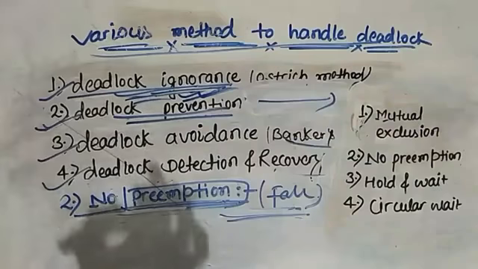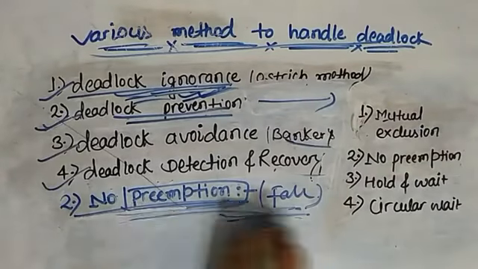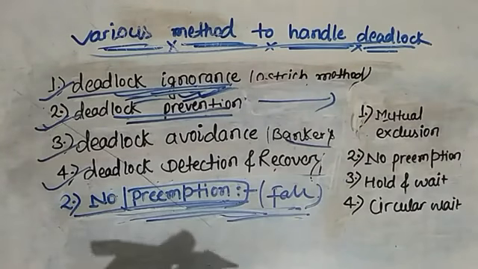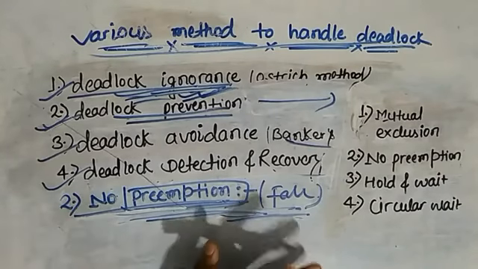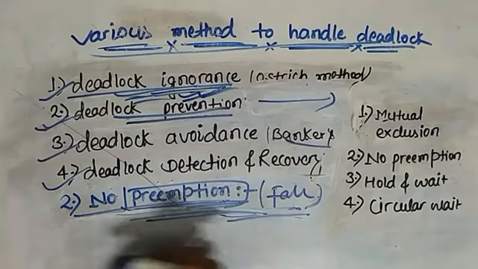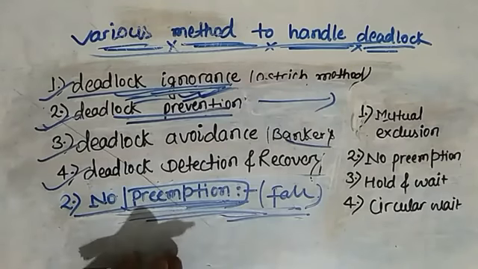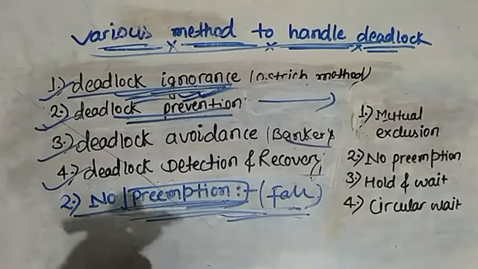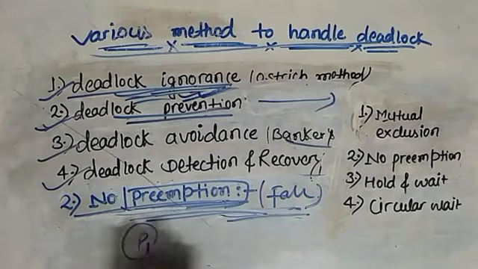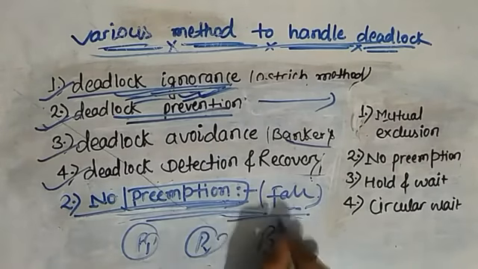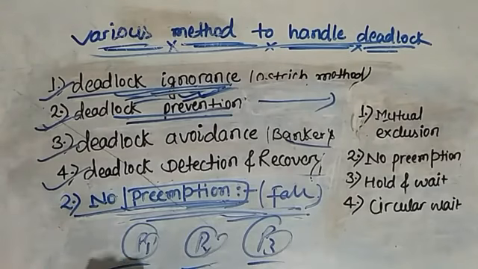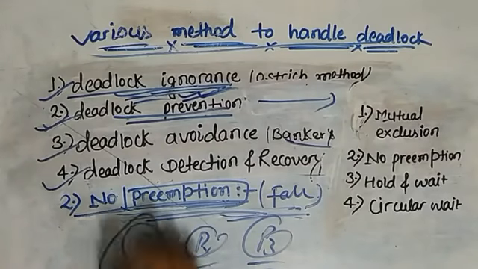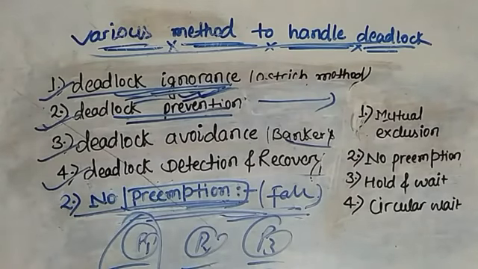Now the second, for making no preemption false, the simple thing we can do is give each of the processes a quantum of time. Let's suppose these are P1, P2 and P3, the 3 processes we have. Each of them we provide resources for 2 seconds. If within this short span of time it completes its work, then it's good.